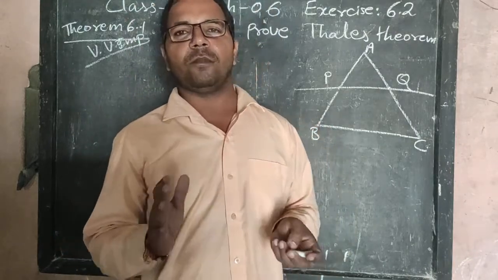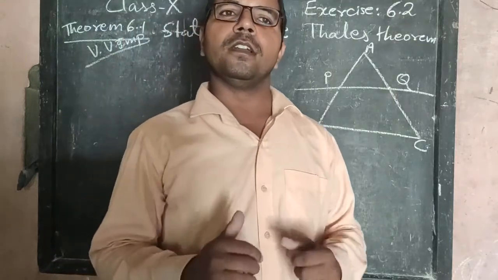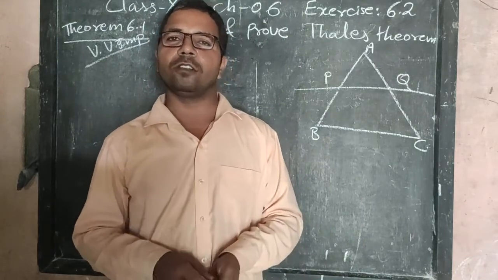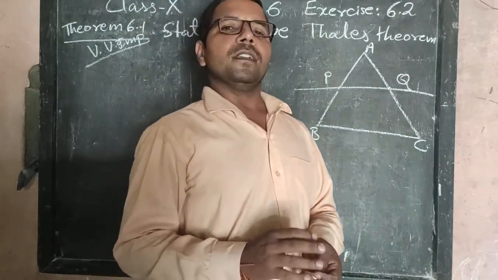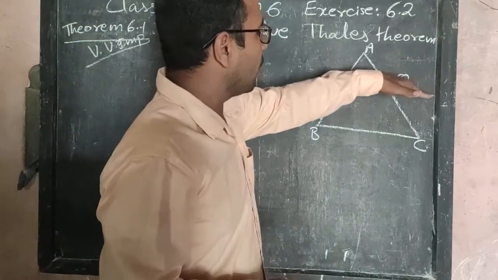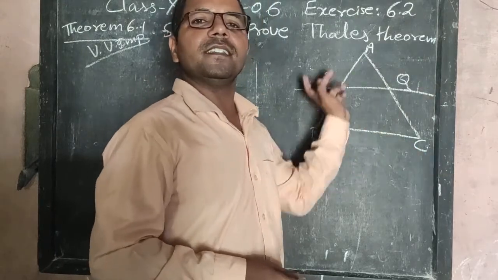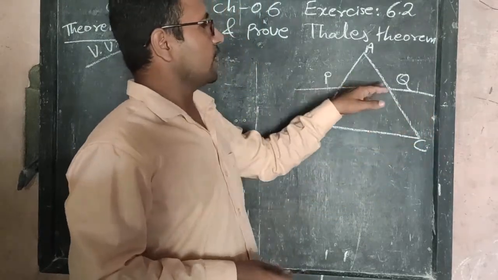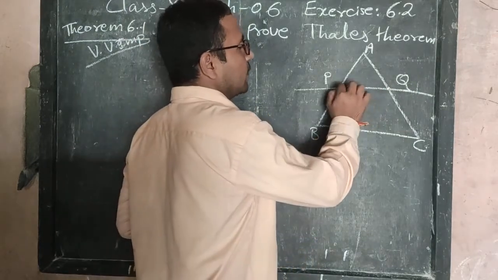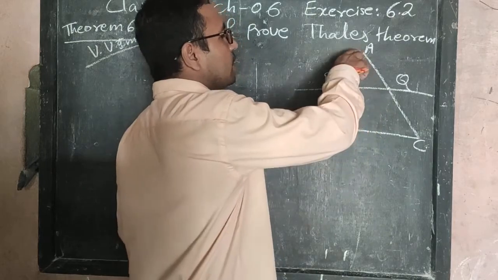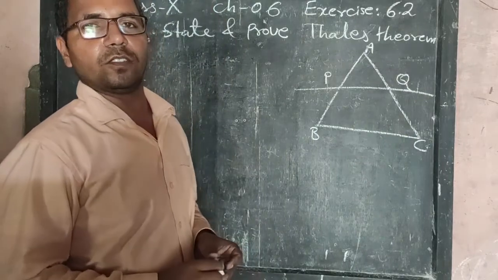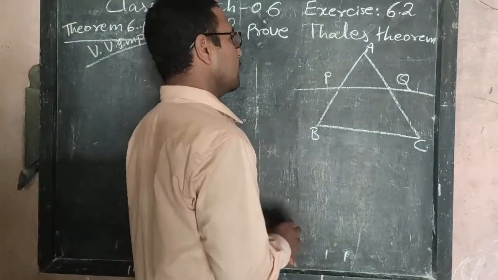I am not going to write the statement on the board, but if you want to understand once again, listen: if a line is drawn parallel to one side of the triangle and intersects the other two sides, then these other two sides are divided in the same ratio. Clear, students? Very simple statement.